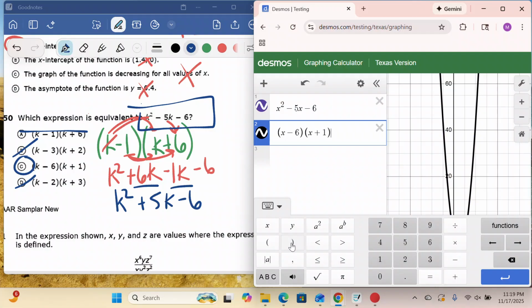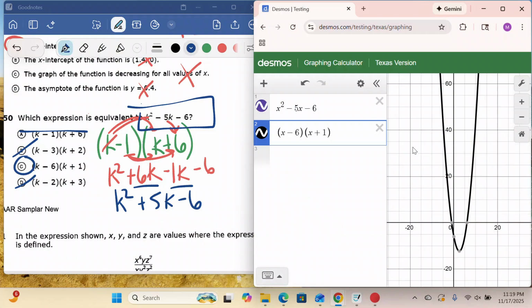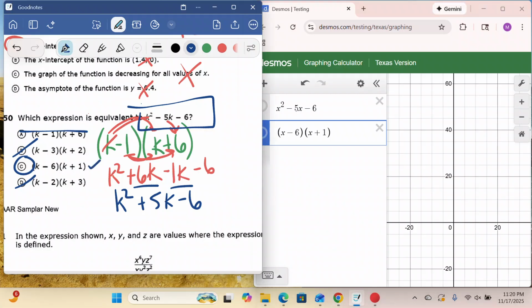If I take off the black one, it has to be identical to each other. They got to be equivalent. They got to be equal. So they are equal. That is the correct answer. You can also check it without even doing the FOIL. You can check each one and find out which one overlaps and is identical and equivalent to the graph.